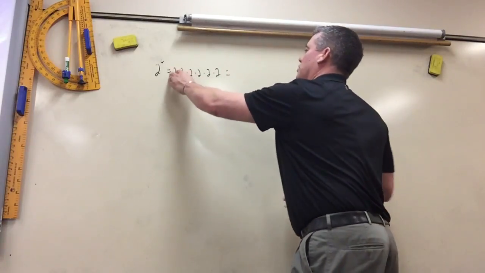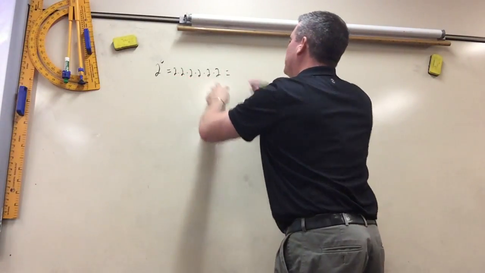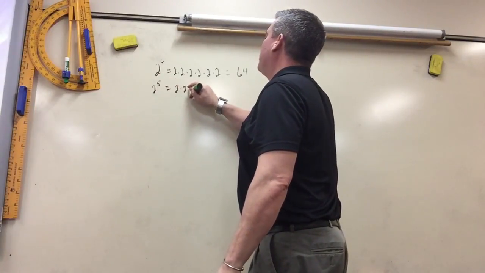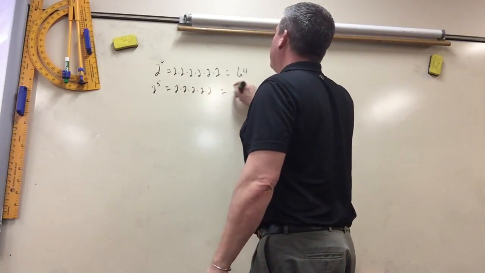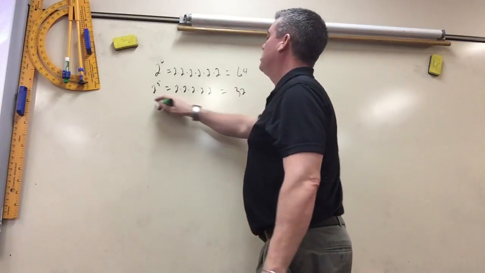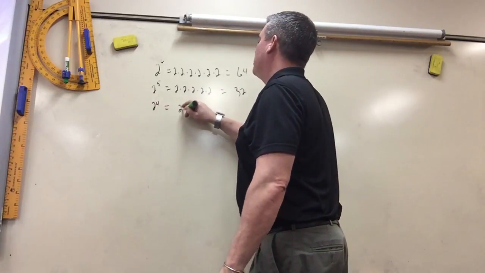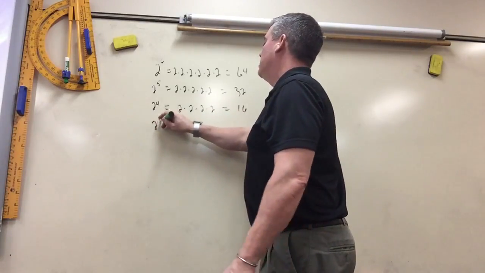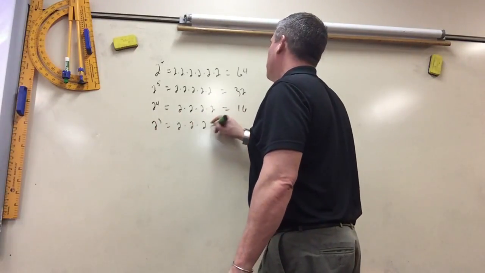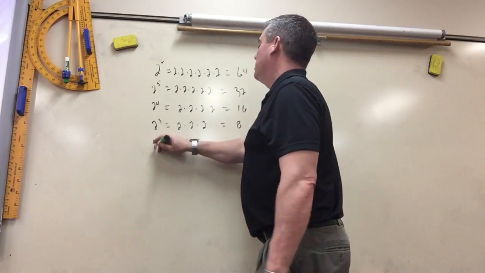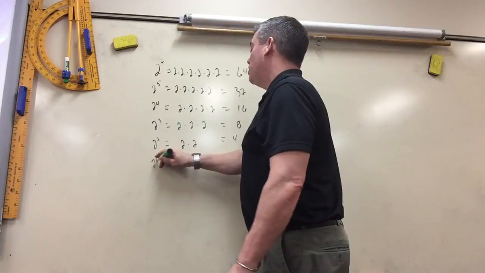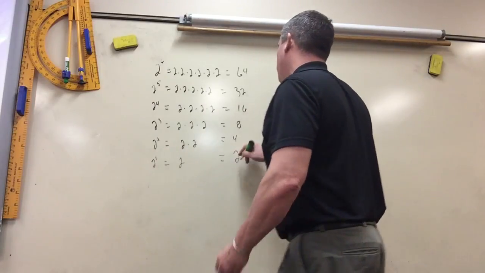So that's 64. 2 to the 5th, there's 5 of them multiplied together, which is 32. 2 to the 4th is 16. 2 cubed, 8. 2 squared, 4. 2 to the 1st is 2.